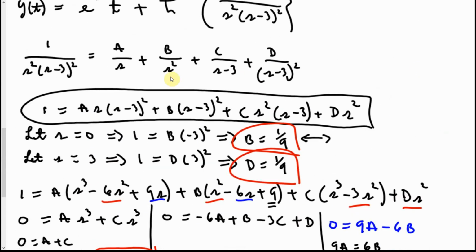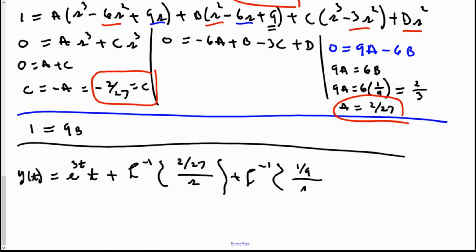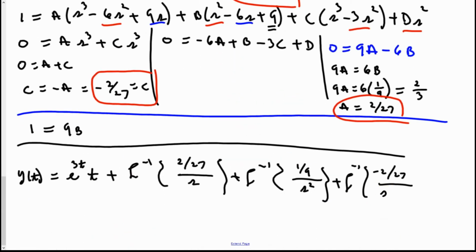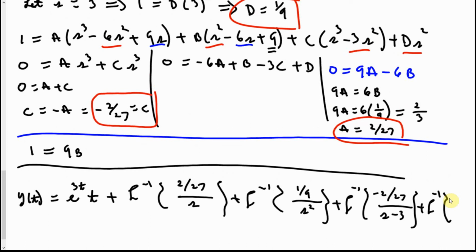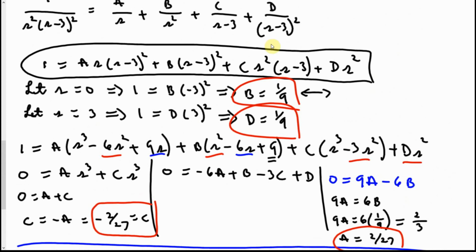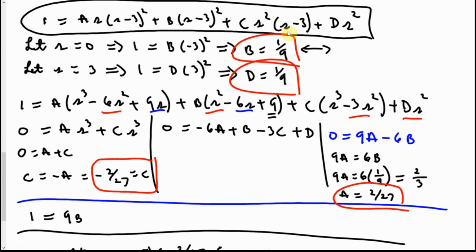that's over s squared, plus the inverse transform of c. C is that -2 over 27 over s minus 3, plus the inverse transform of d, and d is 1 over 9, and that's all over s minus 3 to the second.